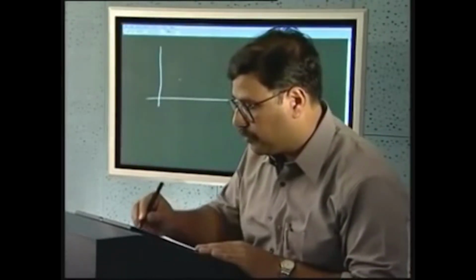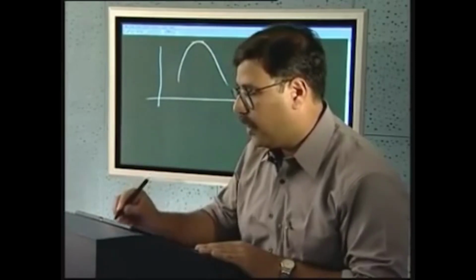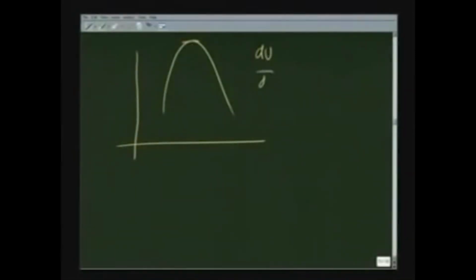Let us start with the maximum of the potential energy, where I had du/dx equals 0 and d²u/dx² is less than 0.